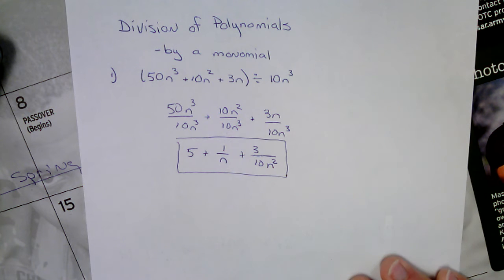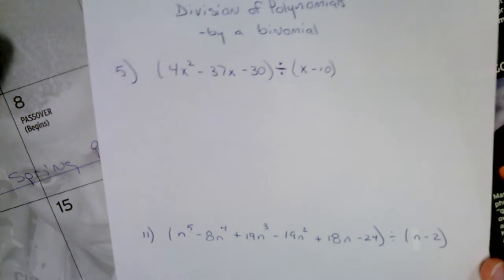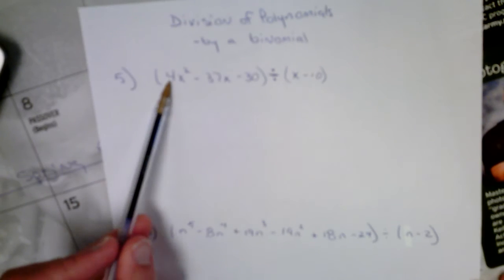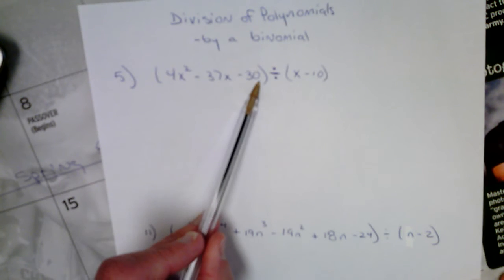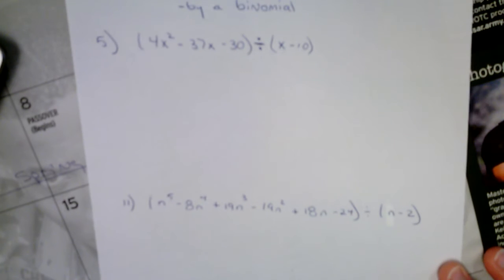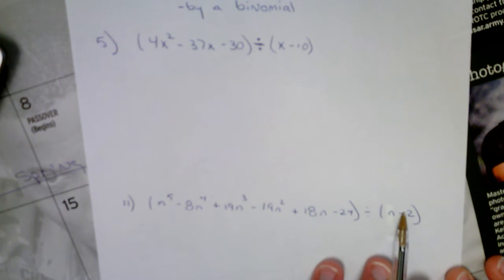The second part of tonight's homework, we are going to work with division of polynomials. We're going to divide polynomials, in this case a trinomial, or in the case of question number 11 here, a hexanomial because it has 6 terms, by a binomial.